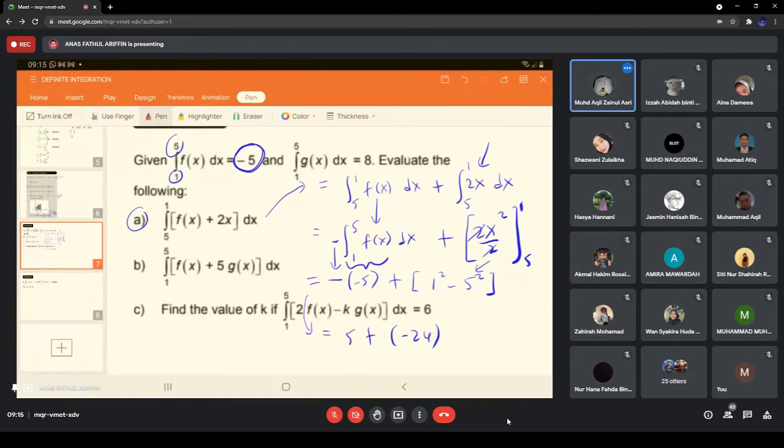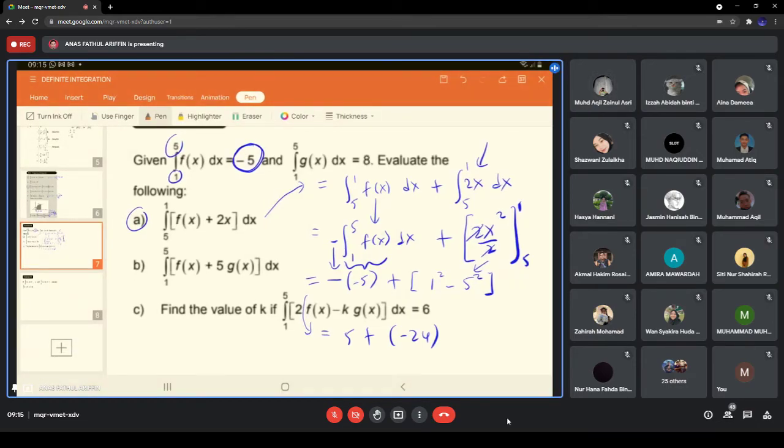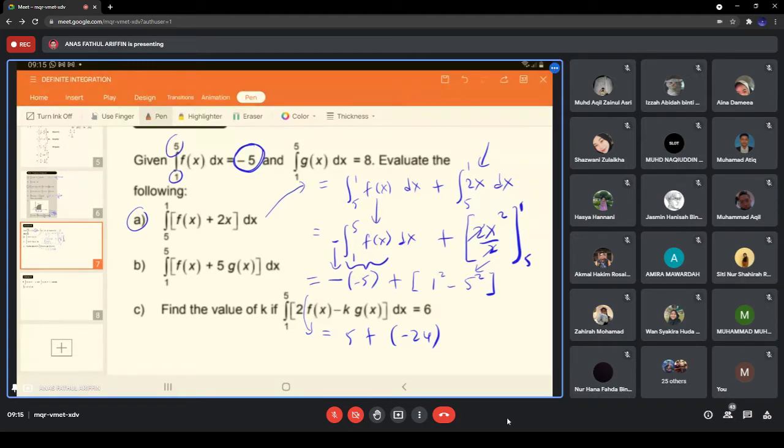Betul je. Sekejap, saya tengok balik ni. Patutnya ni betul dah, sekejap, kita splitkan dulu.